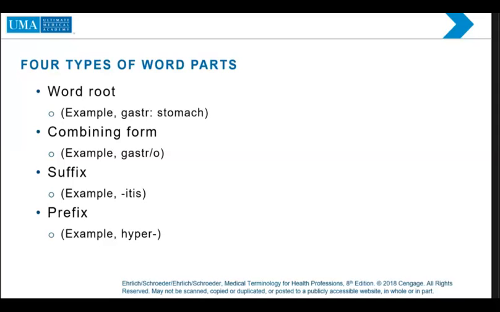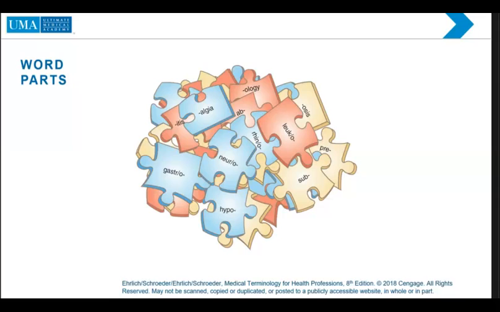We have the word root, combining forms, a suffix, and then our prefixes. When you combine those word parts, you can form medical terms or medical terminology that we use in our everyday work life.